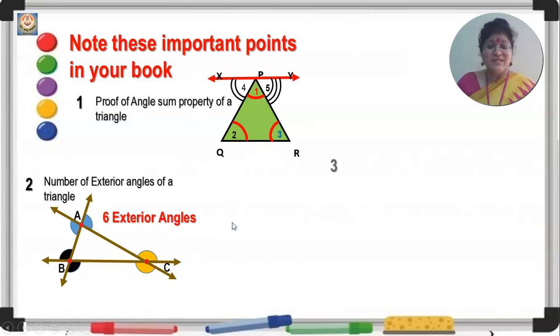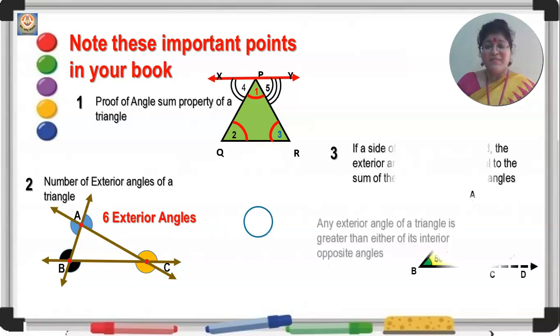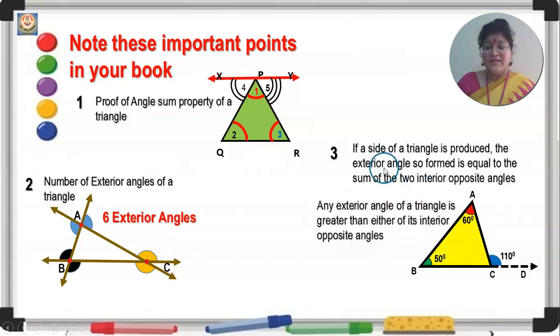And at the end, you will jot down the properties that I have done. That is the remote interior angle theorem, which states that the exterior angle is equal to the sum of the two interior opposite angles, and also the exterior angle is greater than each of the interior opposite angles. So all these you're going to write down in your notebook.